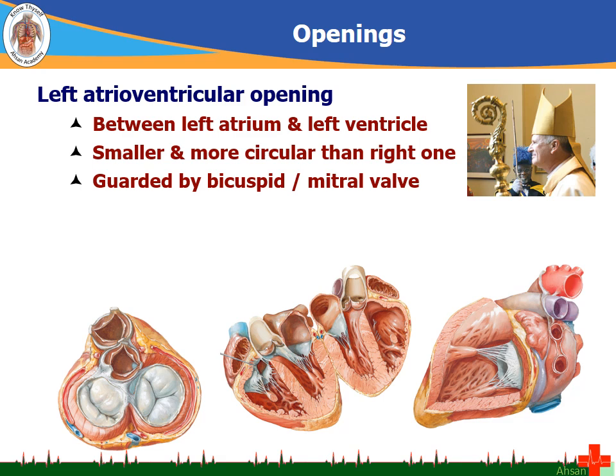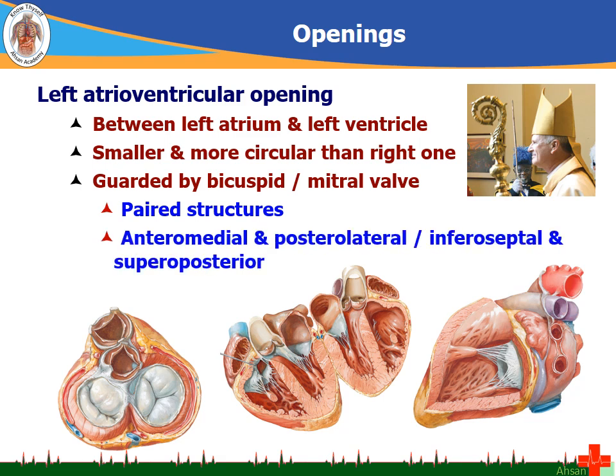The name comes from the cap especially worn by religious persons, known as a mitre, so from there this name came. It is a paired structure, and as per their position they are usually named anteromedial and posterolateral. A small accessory valve may be present between these two.